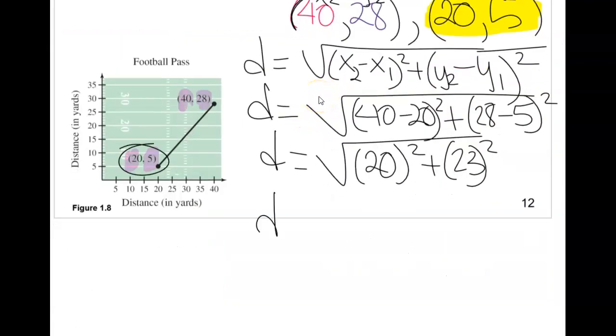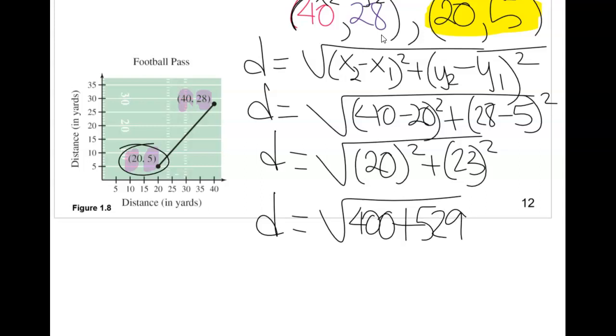And then we have to square those numbers first. So 20 square is 400. And 23 square is equal to 529. Now I'm going to go ahead and add those two. So 400 and 529 is 929.